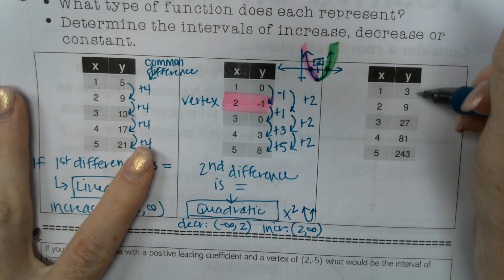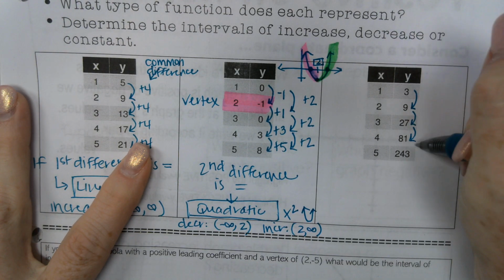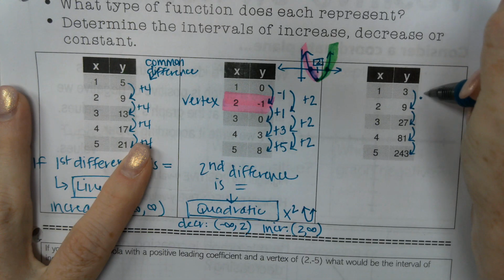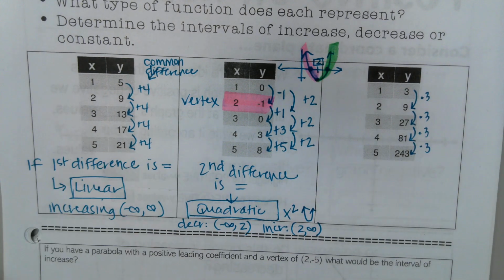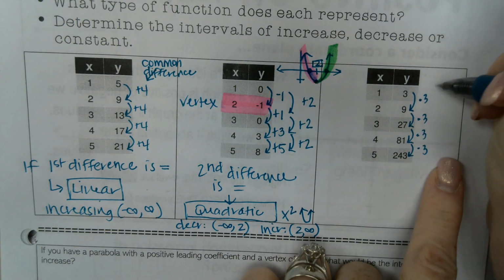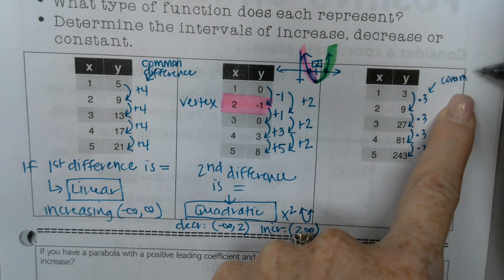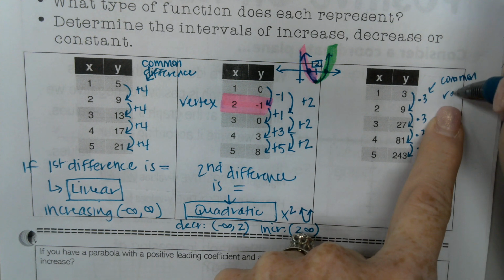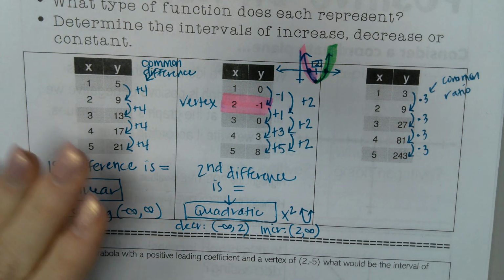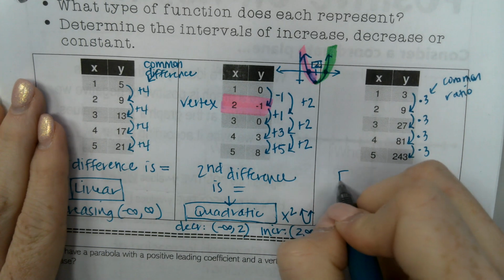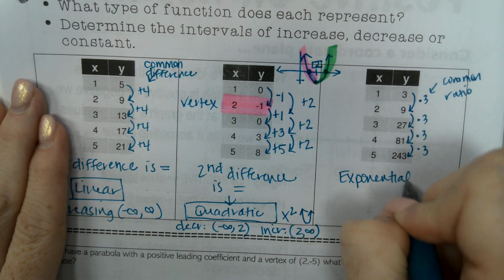All right, then over here, what's happening? You're multiplying by 3 over and over and over again. Now, this is a common ratio. Okay? So if I have a common ratio, that makes this exponential.